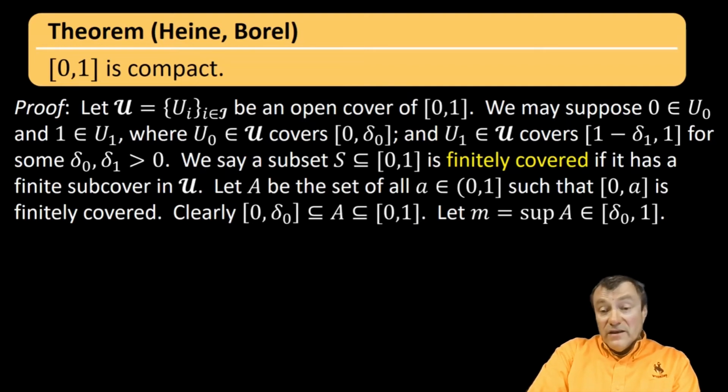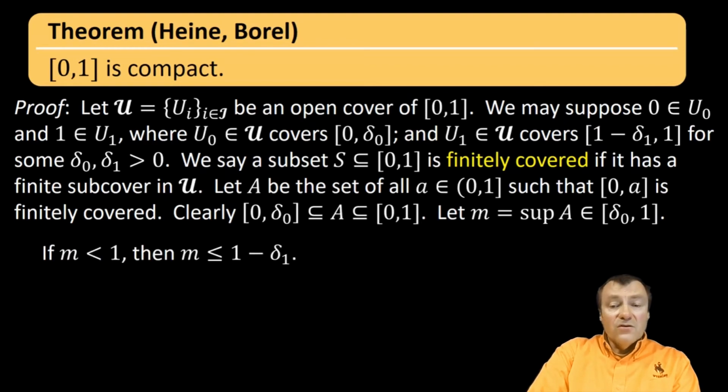If M is 1, then of course we're done. So, what if M is less than 1? In this case, we need a contradiction. In order for M to be less than 1, it actually has to be less than or equal to 1 minus delta 1.